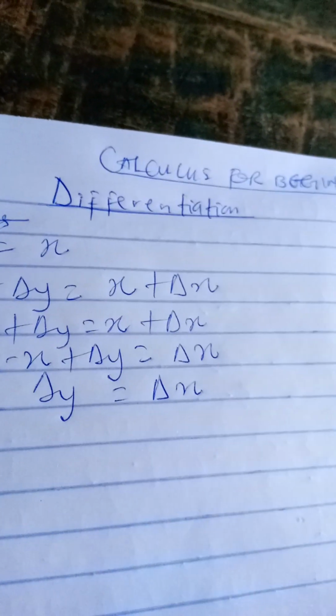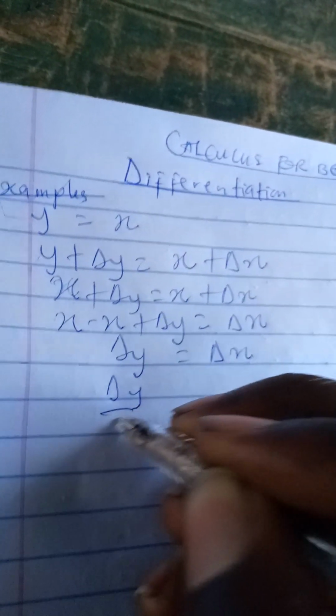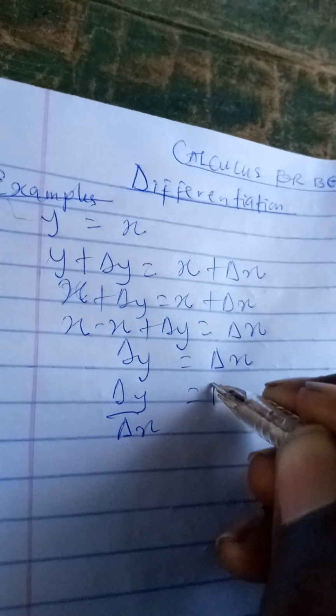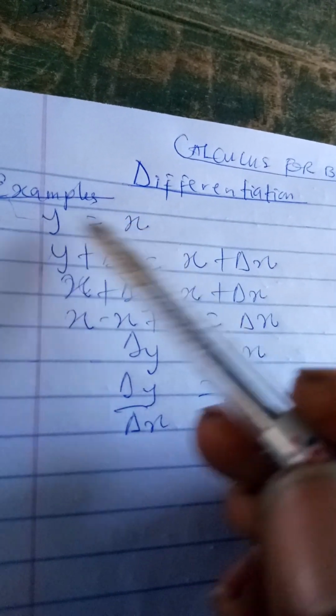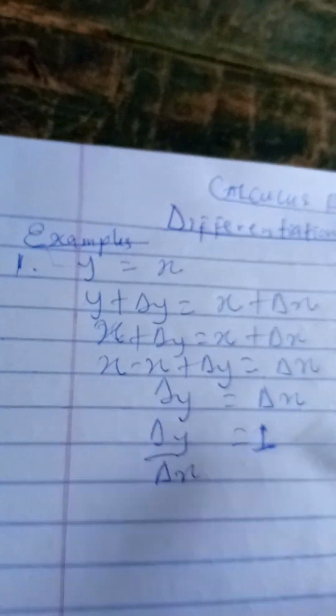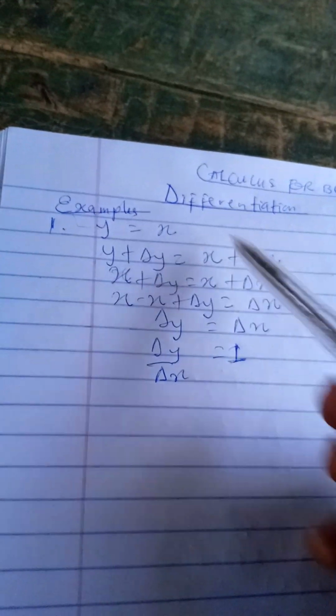Divide both sides by change in x, so I have change in y over change in x equals 1. Therefore, the differentiation of the function y equals x gives us 1. So dy/dx, or change in y over change in x, of x is 1.